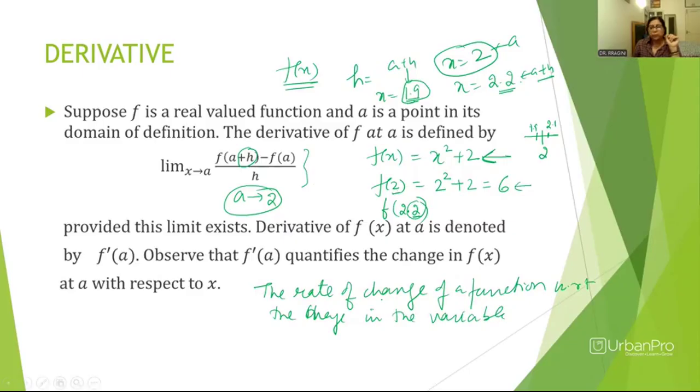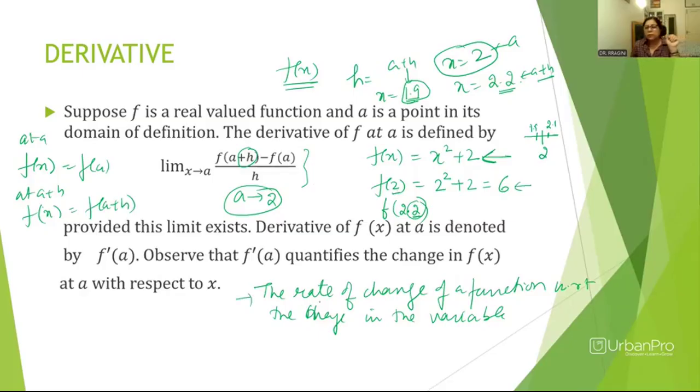Now let me explain to you. Let the original value of f(x) at a particular point a be f(a), right? And then what happens when we take the value of the function at a little bit closer point? That means at a plus h, f(x) becomes f(a + h).